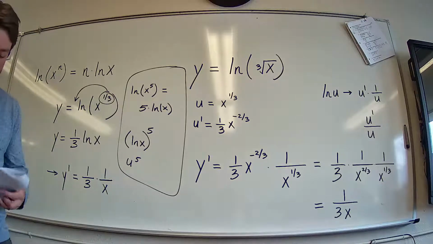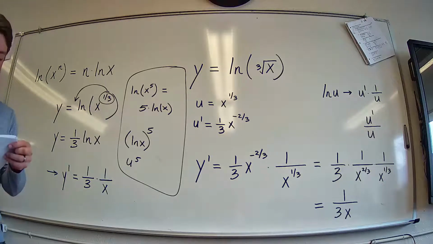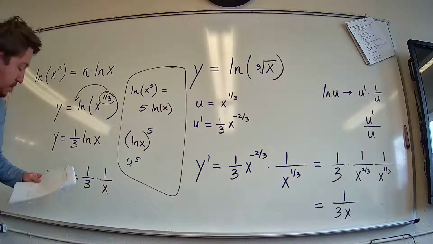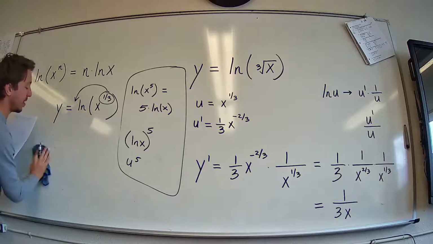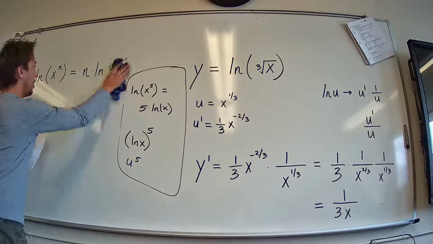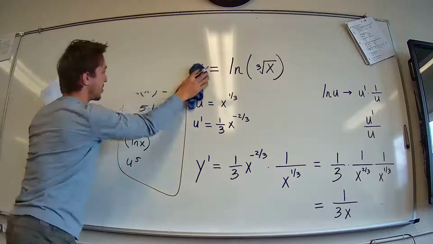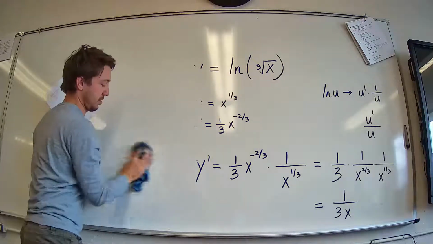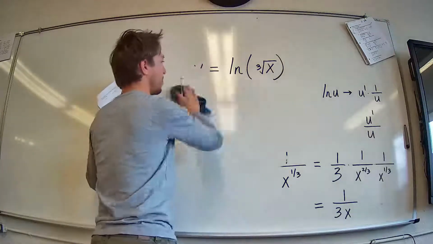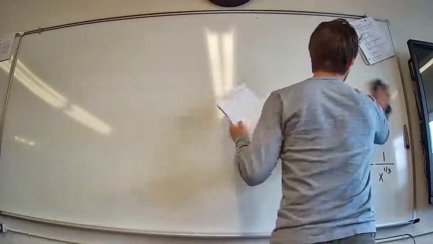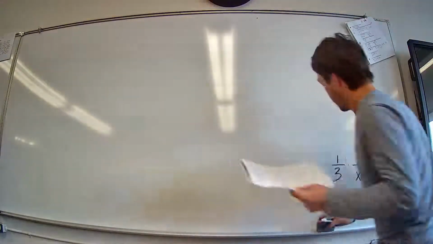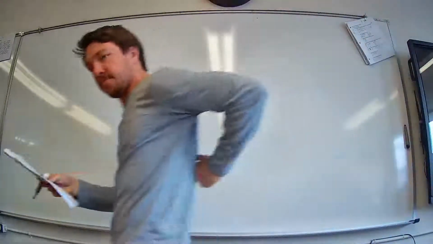I was going to talk to you about 7A, a completely different problem here. All these questions are just the same thing. It's just doing a chain rule, product rule, quotient rule with exponentials and logs.